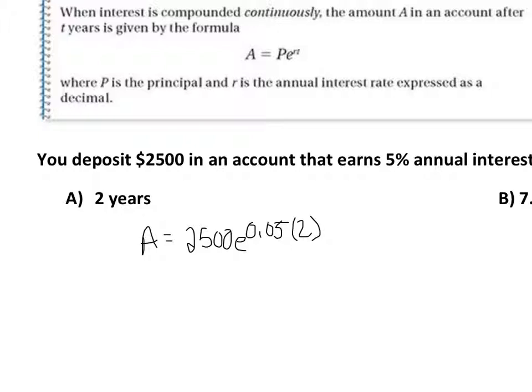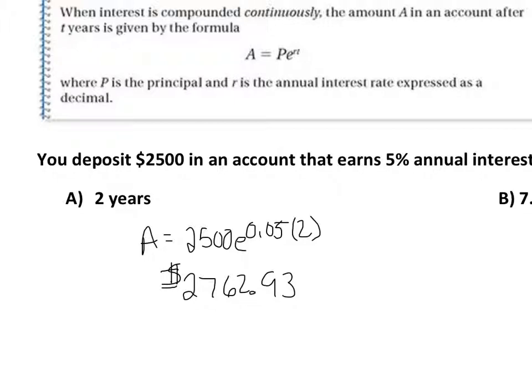Plug that into your calculator. On your graphing calculators, you hit second, natural log, second LN button, and that's where your e button is. You would get $2,762.93.